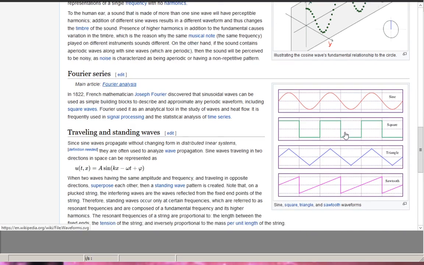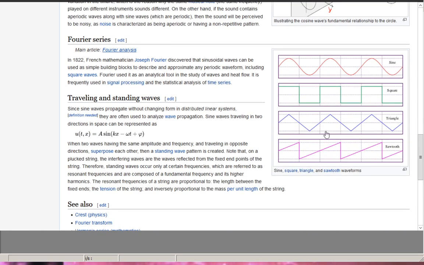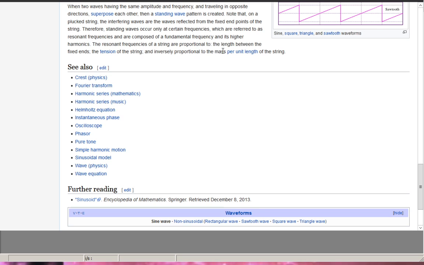There's a sine wave, a square wave. There are your 4 different waveforms. It's been a long time. But then there are filters, harmonic series, music.